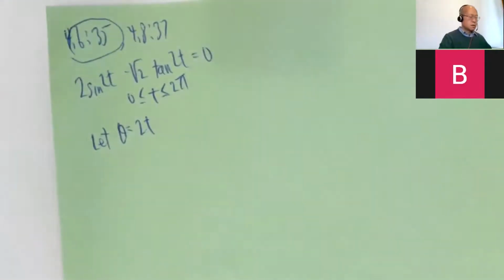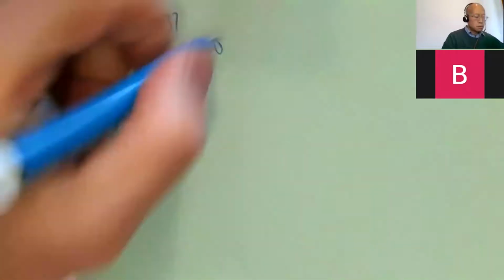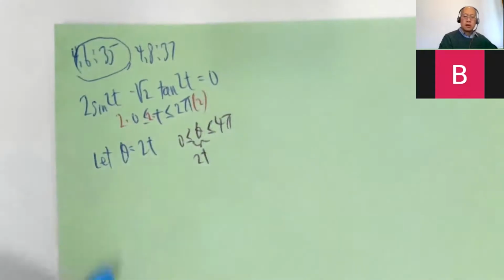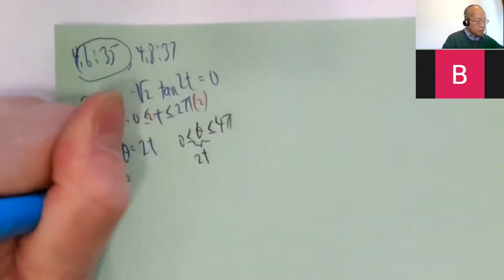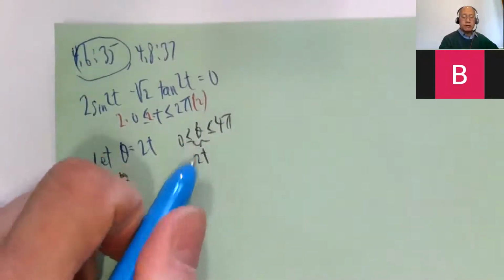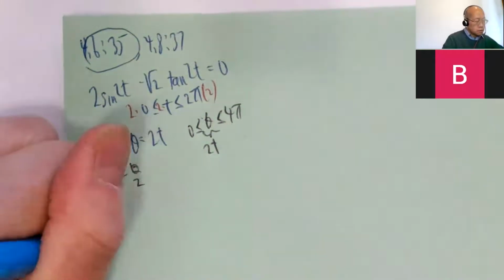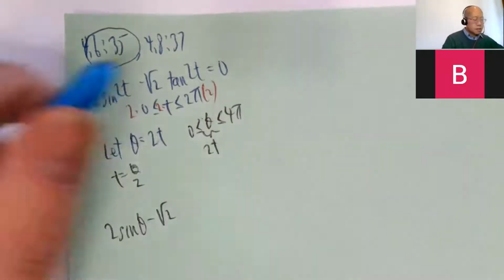Let theta equal 2t, and I'm going to multiply everything by 2, so 0 ≤ theta ≤ 4 pi. I'll work the problem out in theta, and of course t is theta divided by 2. I have to remember that for theta, I can go around the circle twice, 2 revolutions.